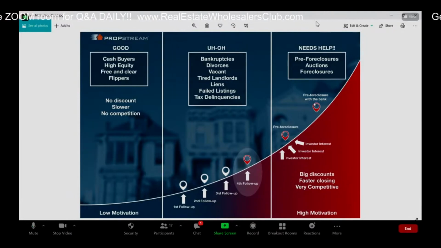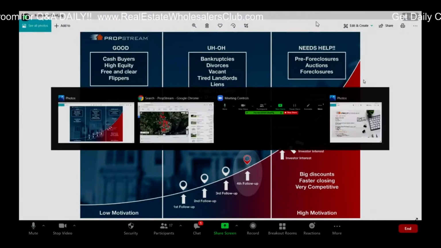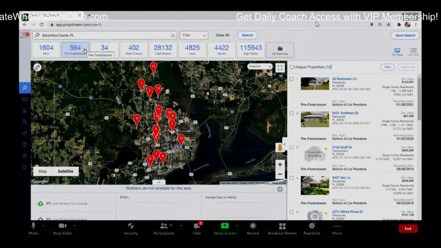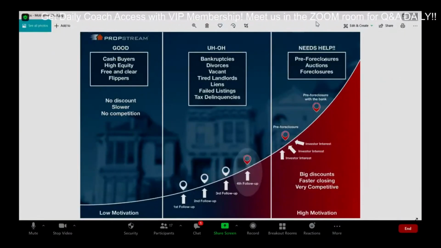So there's a probability that these 16 individuals are in a more stressful situation than these other 540 odd, because the other 540 are in pre-foreclosure, but not with no income coming in. So this is one level of list stacking: taking two categories, pre-foreclosure and bankruptcy, and stacking them to find not just any pre-foreclosure, but the 16 that are in a highly motivated category.